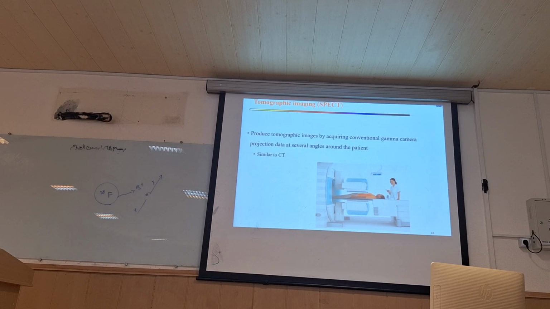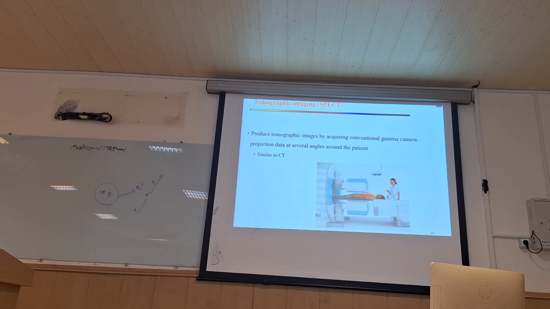The instrument for 2D imaging and 3D imaging by SPECT is the same. We use the gamma camera for both 2D imaging and SPECT imaging. The difference is just in the imaging method, and I will explain.